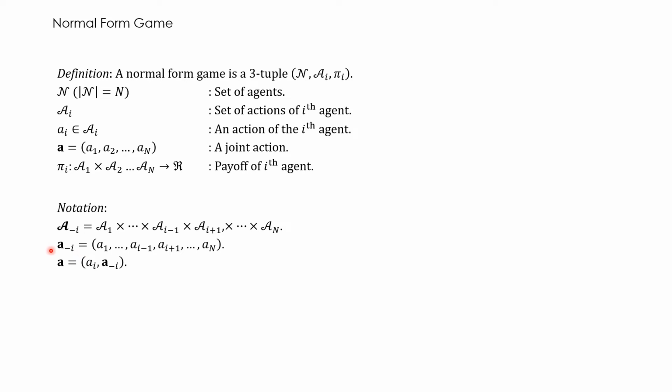And lowercase a sub negative i is any one joint action of all the opponents of agent i. And a joint action of all agents can be written as a sub i, comma a sub negative i. This is a deviation from the standard notation, because a sub i should be here, but I've put it right at the beginning. That's acceptable notation in game theory.